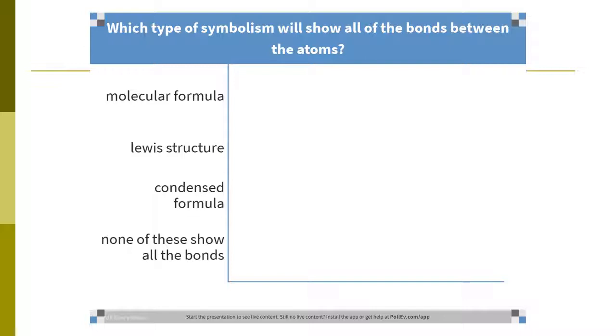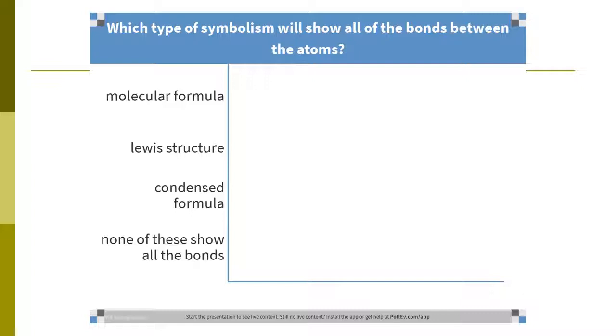All right, so here's a question that deals with drawing the different structures, not necessarily being able to name them, so yay. It says, what type of symbolism will show all of the bonds between the atoms? And it gives you some choices, a molecular formula, a Lewis structure, a condensed formula, or none of these show all the bonds. Well, let's think back.